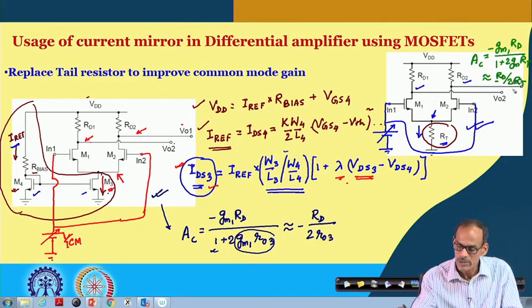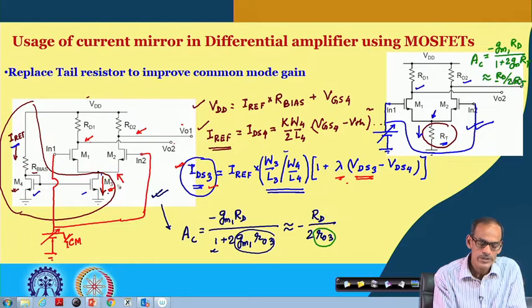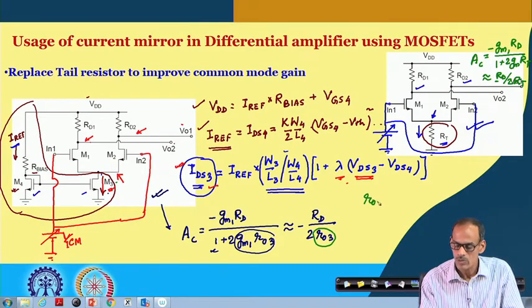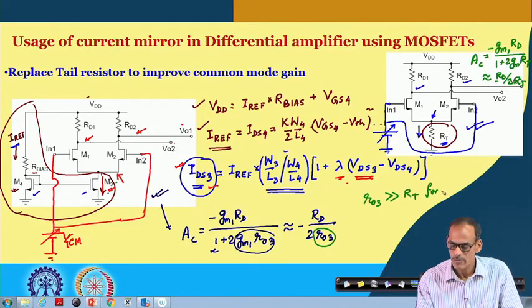If you compare these two expressions, since R O 3 is the output resistance of transistor 3 in saturation region, we know that R O 3 is much higher than the passive resistor R t for equal DC tail current.